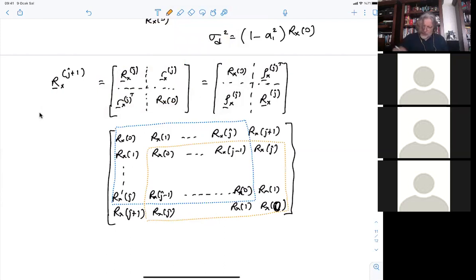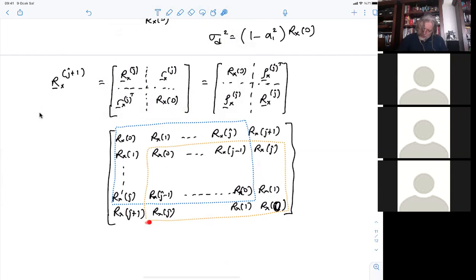So if I use the blue dashed one, then it will have to be augmented with this one, which is Rx of J. As you see, it starts from J plus 1 down to Rx of 1. And its transpose, Rxj plus 1 down to Rx1, is Rxj transpose, this row matrix. And this corner is Rx0, this one.